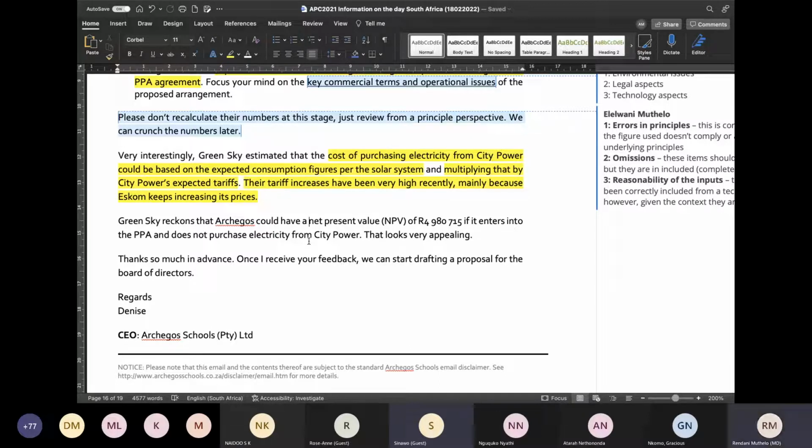Did you raise it from an operational perspective? That operationally speaking, moving to solar energy might help us to no longer be subjected to Eskom's erratic load shedding schedule, right? I'm thinking that this was your first point, right?